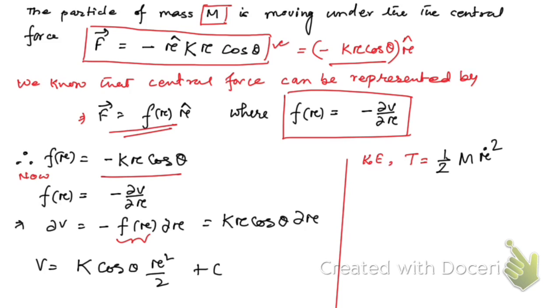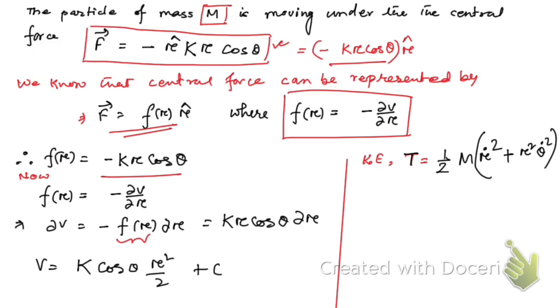Half into mass into velocity square, and one is due to the angular motion. The angular velocity is r theta dot, and we have velocity square, so r square theta dot square. So mass into r dot square, then mass into this angular velocity square. Taking the mass common, we have got the kinetic energy of the particle under central force, right?